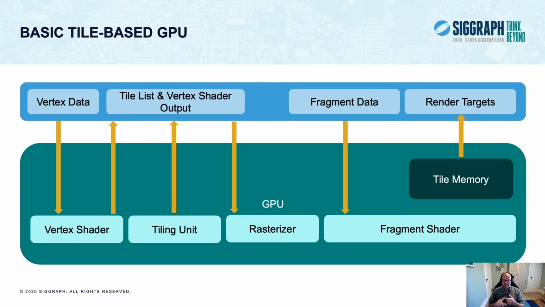So that memory has to be big enough to store multiple multi-sampled render targets, including depth and stencil, and the size of the actual tile. So how big the tile is in pixels is adjusted to make sure that there's enough space in there to actually do all of that for a given tile.